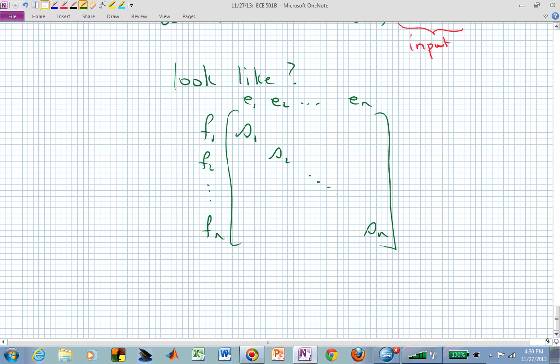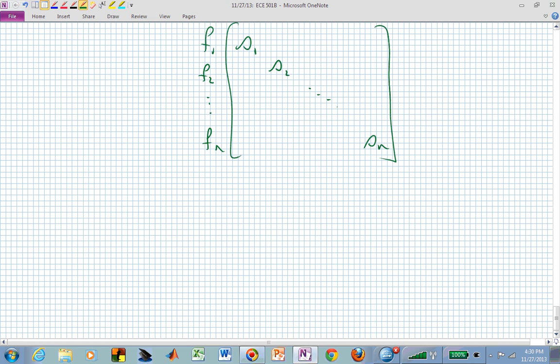So E1 gets scaled by S1 and pushed out via F1, is one way to think of it. So it looks like this diagonal with the weighting on those two basis vectors, E1, F1, etc., being the singular values.